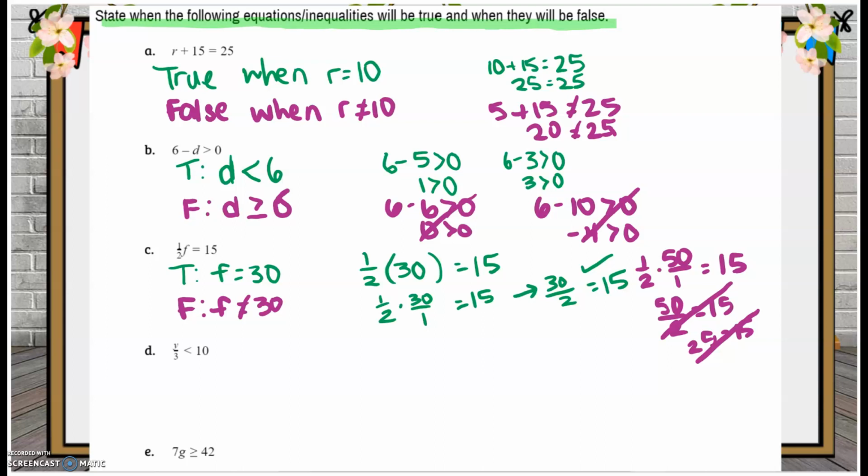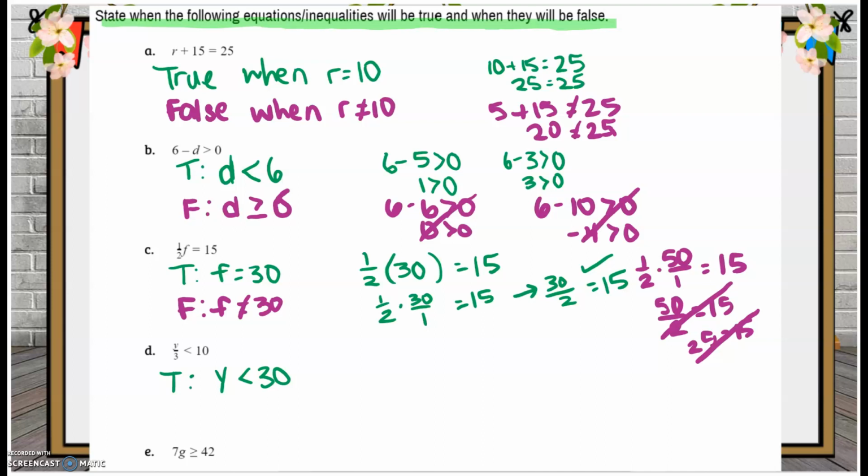Let's try letter D. It says y over 3 is less than 10. So for my true statement, I know 30 over 3 is 10. So we need a number that's going to give me a statement that's less than 10. So if y is any number less than 30, then we would have a true statement.